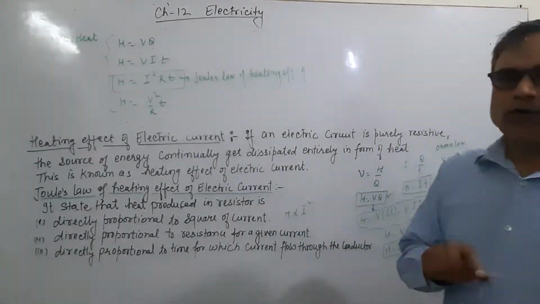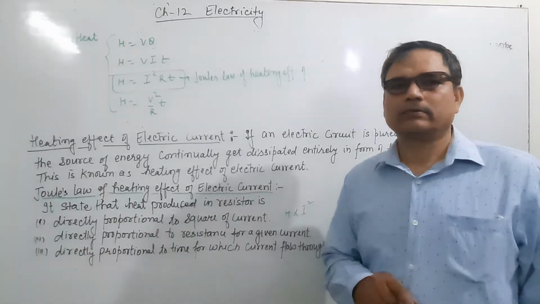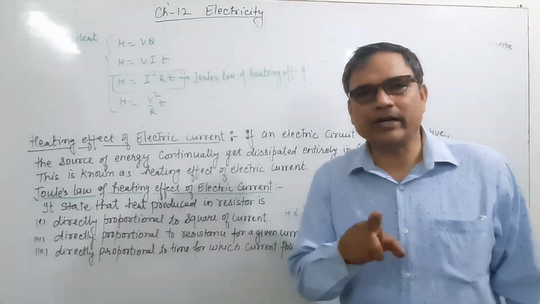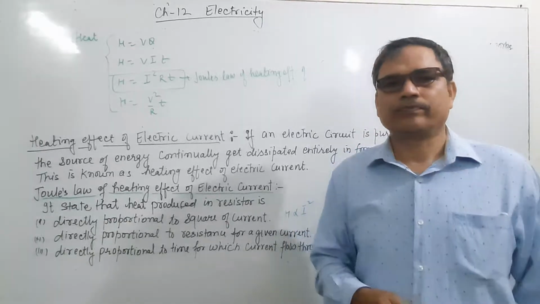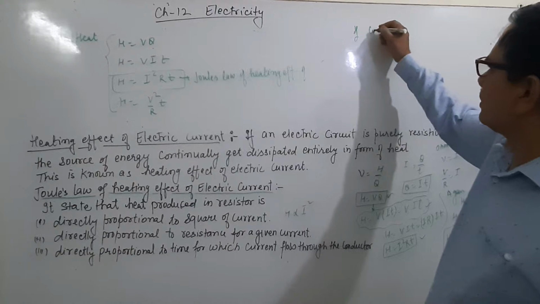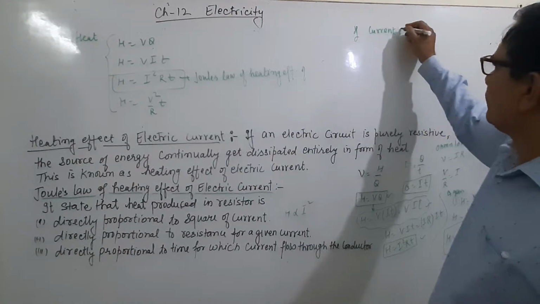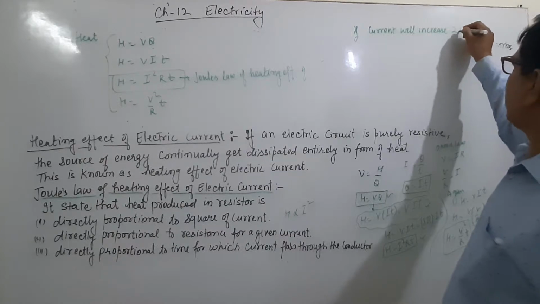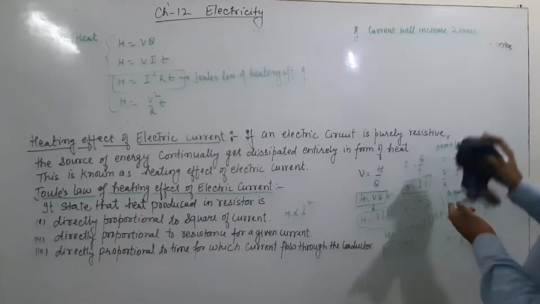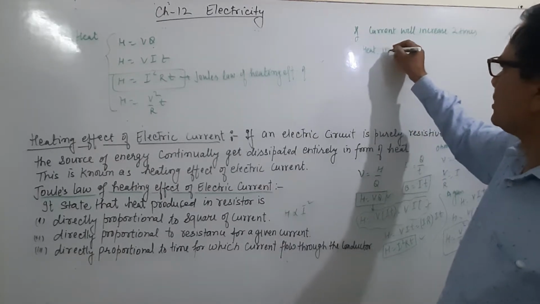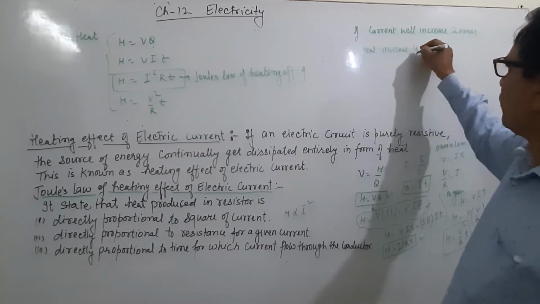If we double the current, if we increase the current 2 times, then heat will increase 4 times.